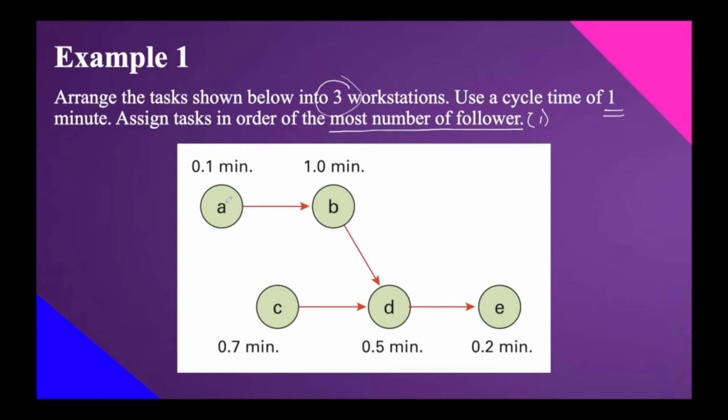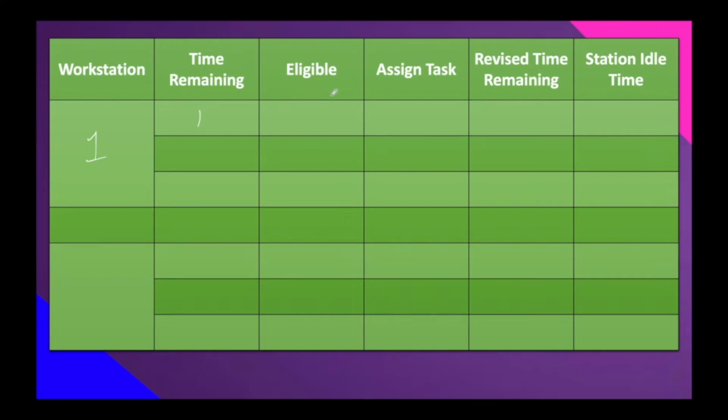Why? Si letter A, sumusunod sa kanya si B, si D, and E. Ilan po yun? 3. While si C, sumusunod sa kanya si D and E, 2 lang. Therefore, dun talaga tayo mag-start with letter A. Siya kasi yung task with the most number of followers. Okay? And, ang eligible dyan is only letter A. Therefore, we can assign this task to letter A.